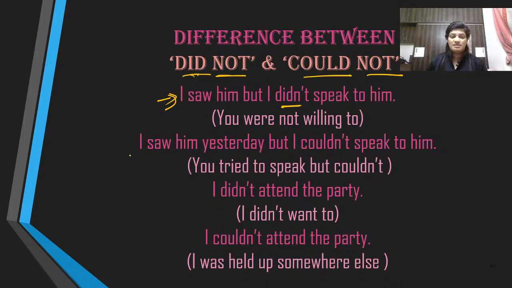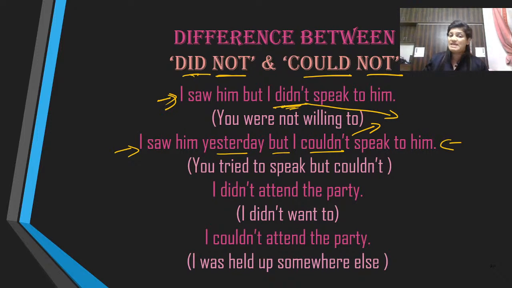And let us take a look at the second one, which says, I saw him yesterday, but I couldn't speak to him. Now, these two statements are pretty much the same, but they are different in meaning. How? Because of the different usages of the modals that we have used over here.